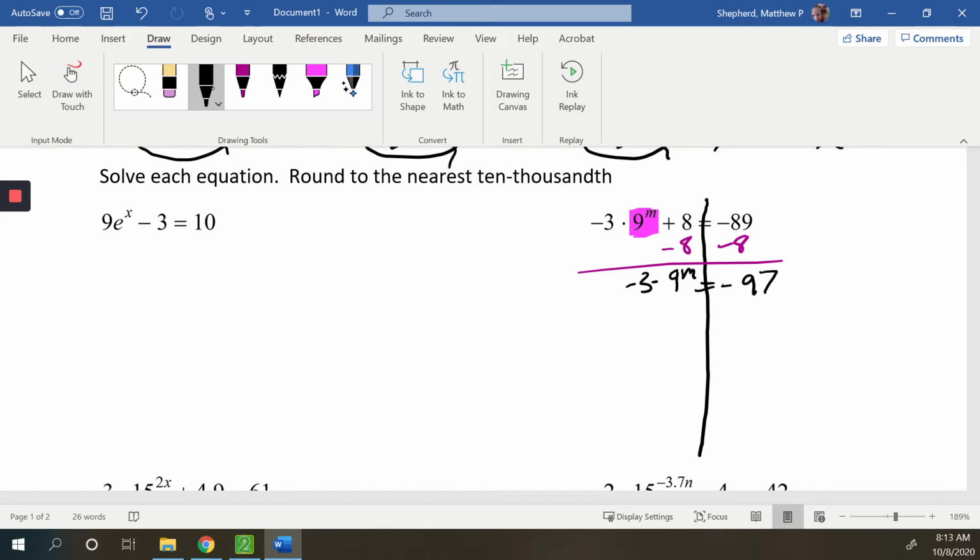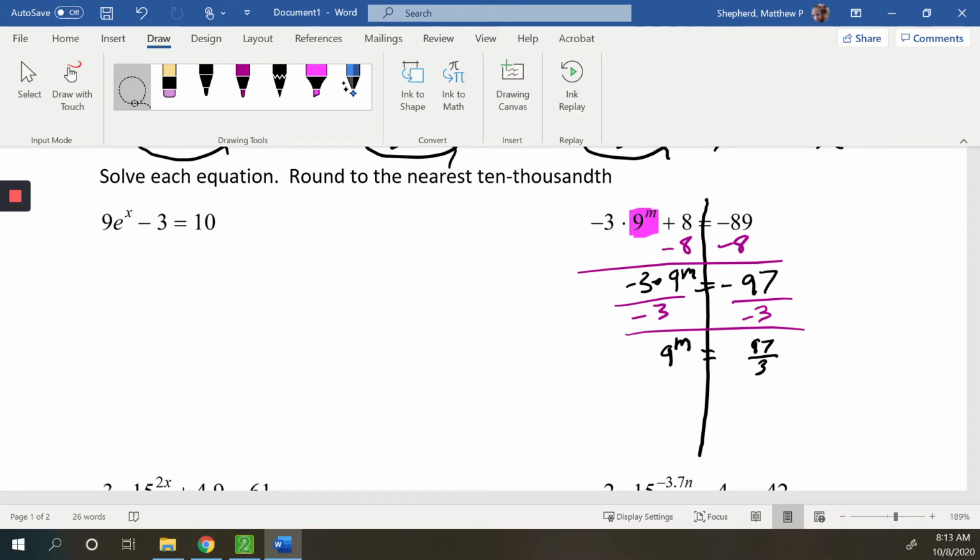Okay, now we've got this multiplying by a negative 3, so we will divide both sides by a negative 3. So now I have 9 to the power of m is equal to, and negative divided by negative will be positive, so 97 thirds.